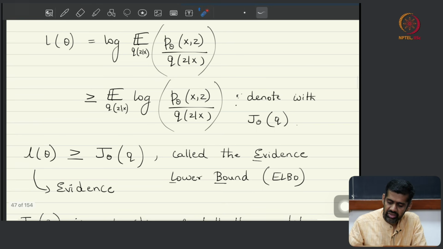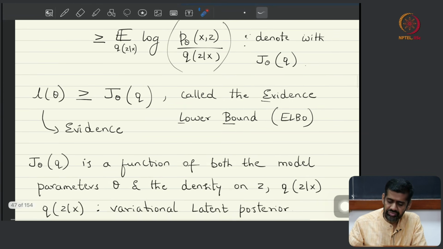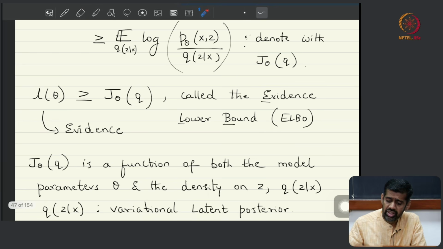Okay, so we carved this bound on the log likelihood. Let's denote this with J theta of q. Why? It's a function of theta because we have model parameters. It's a function of q as well, because we don't know what q is, right. So what we actually did was construct a lower bound on the log likelihood.